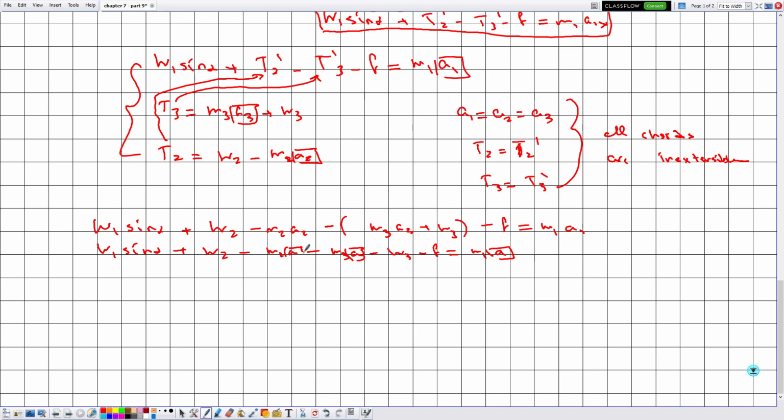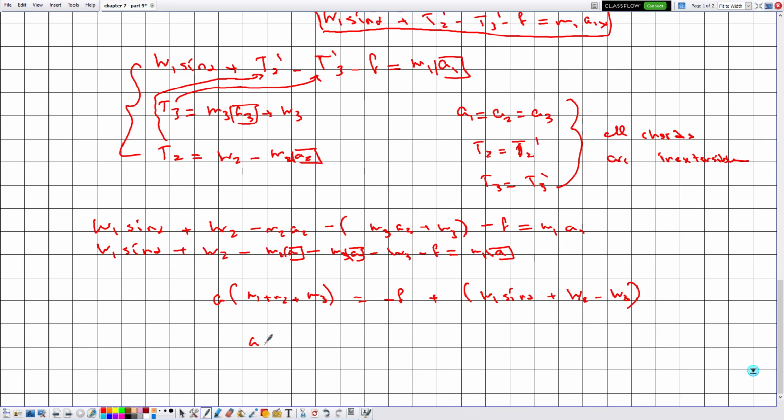So rearranging the equation, we have that a multiplied by M1 plus M2 plus M3 is equal to minus F plus W1 sine alpha plus W2 minus W3.